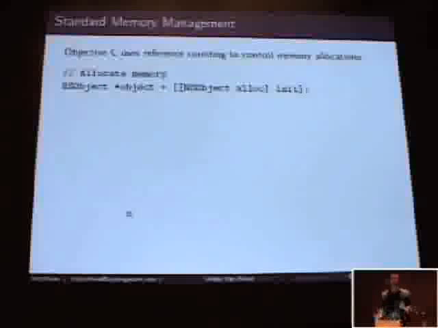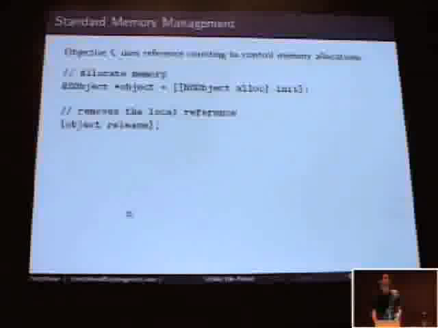Both of those indicate that something is being added in. Then release: the way Objective-C handles memory management is that it is a reference counting language, so a reference counting runtime.